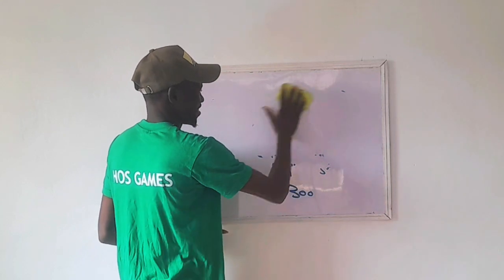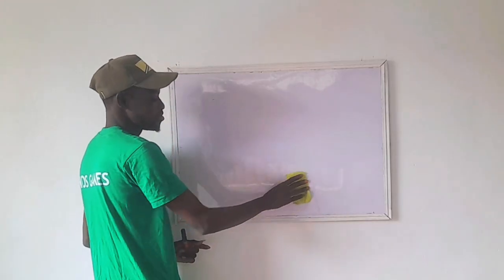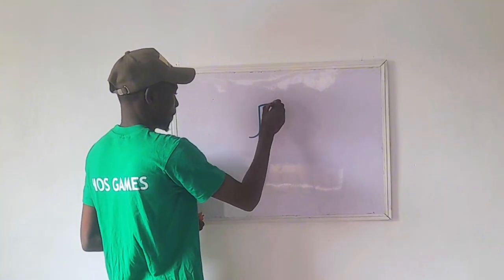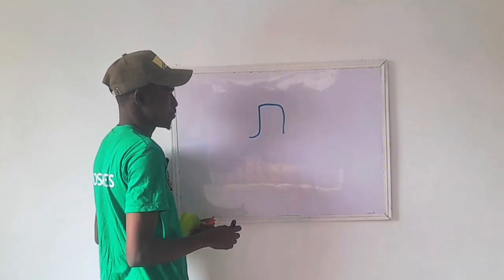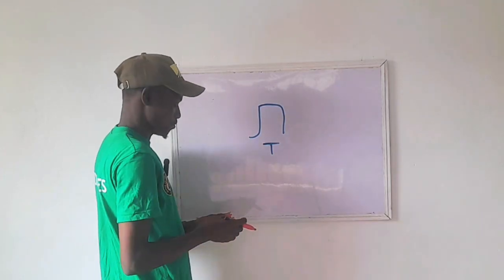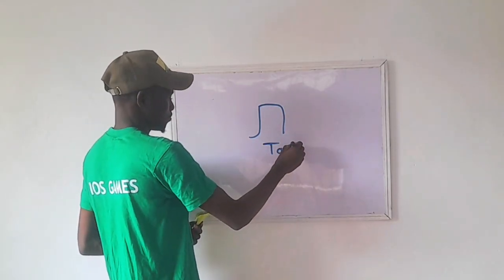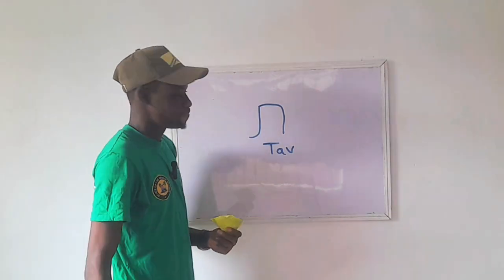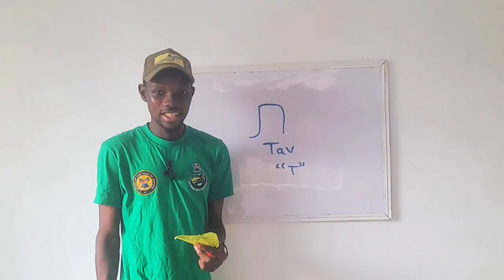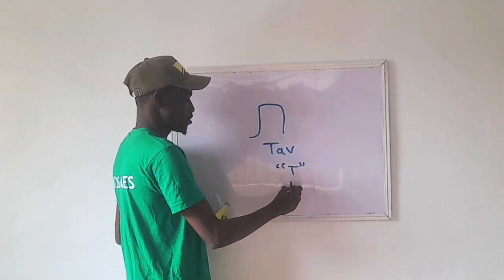The last Hebrew letter is tav. The English equivalent, of course, is T. And that's number 400.